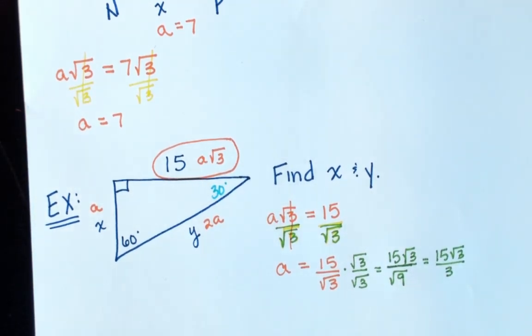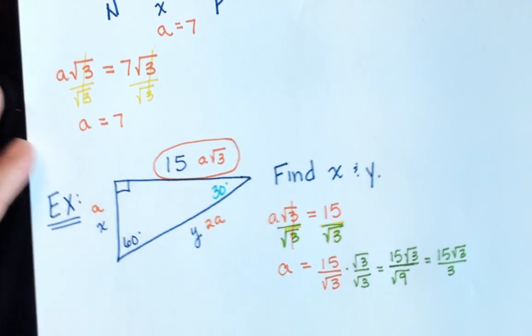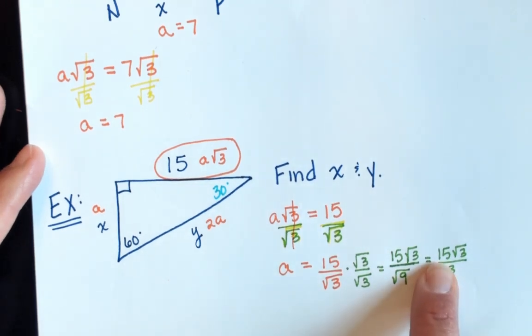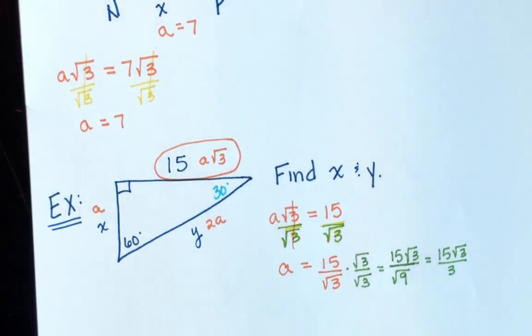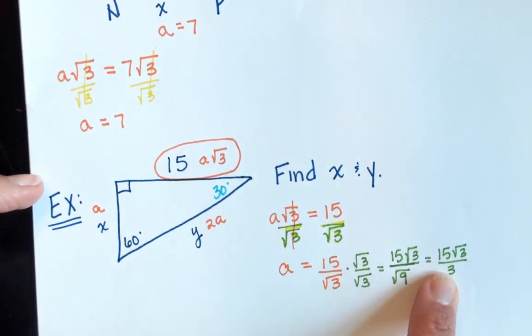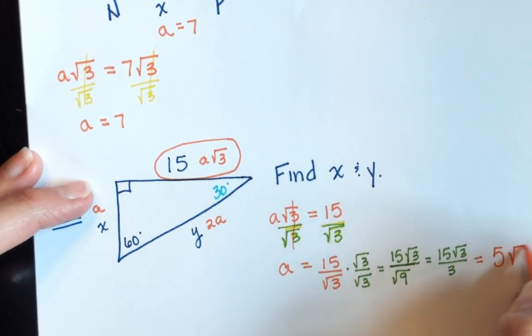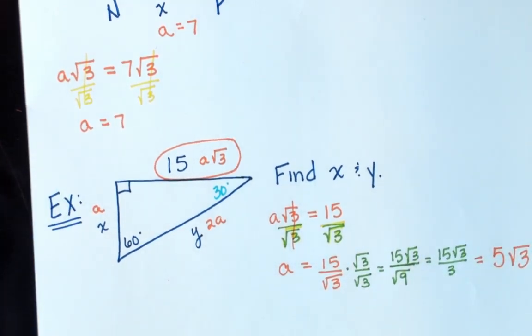So in the 45, 45, 90, where that radical 2 showed up, it's the same thing that's happening here, but because this uses radical 3, it's the original numerator with our denominator, just the radicand. So 15 radical 3 over 3. Only thing you have to do is make sure you reduce. Since 15 can be reduced by 3, this ends up simplifying to 5 radical 3.